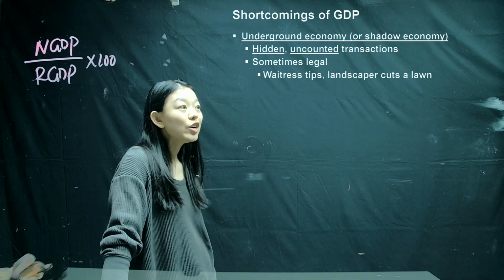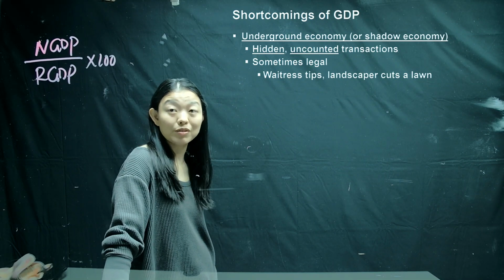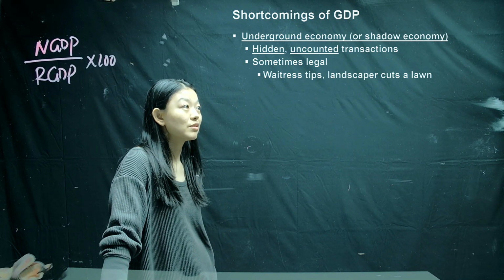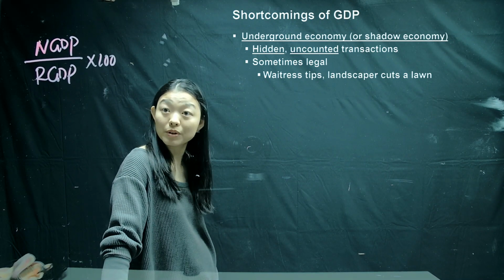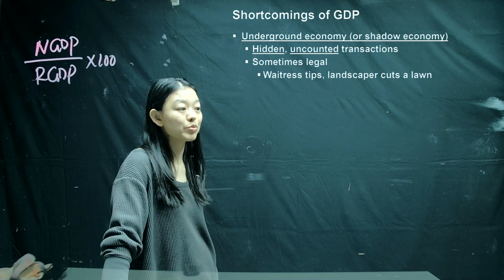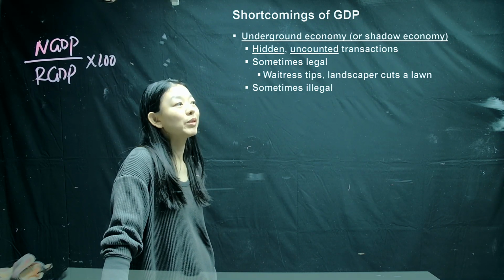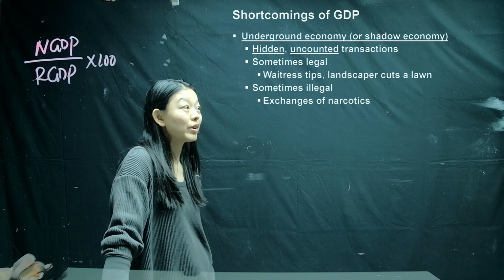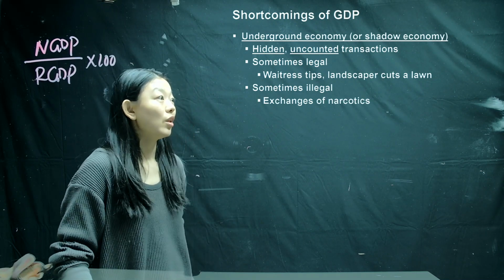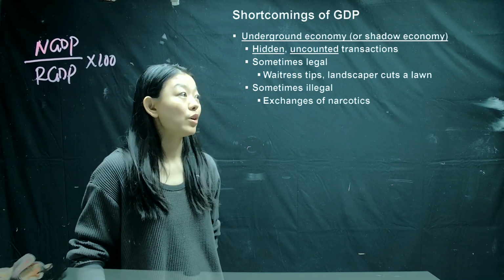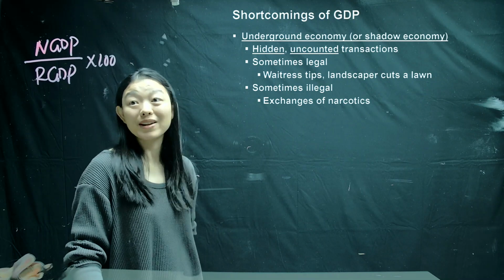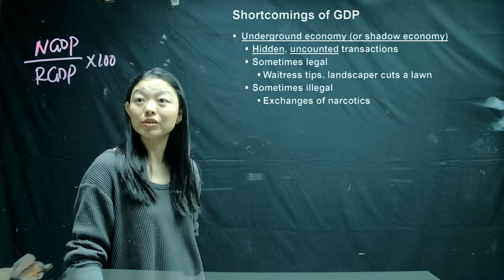And sometimes legal goods are also not included in GDP. For example, waitress tips are not included in GDP because those tips probably go untaxed, right? Something illegal, for example the exchange of narcotics, is not a legal transaction and is definitely not included in GDP.